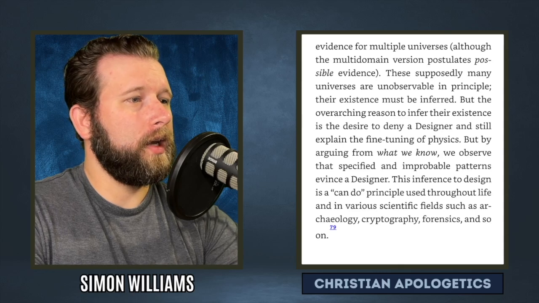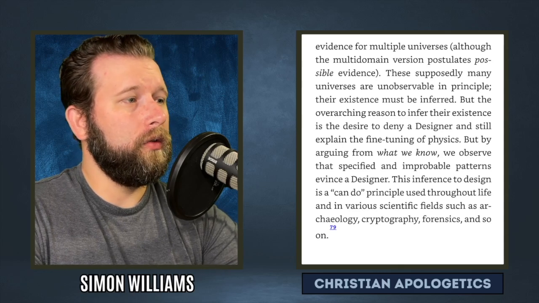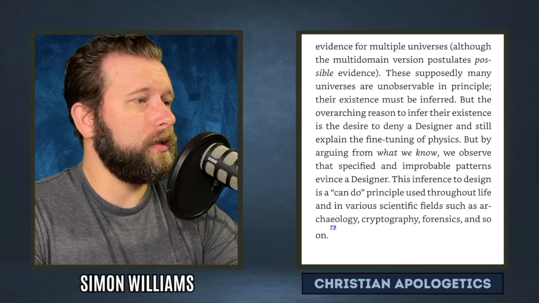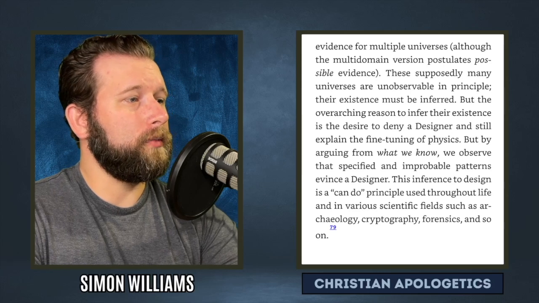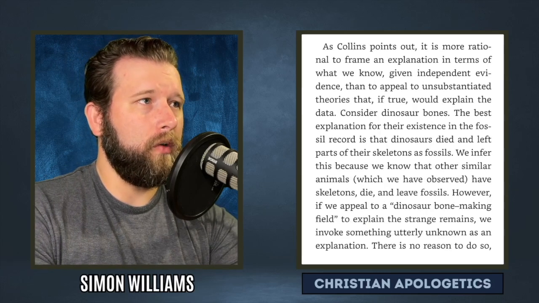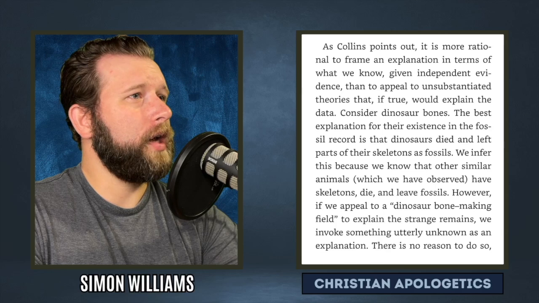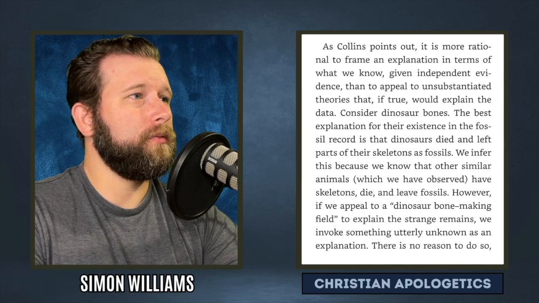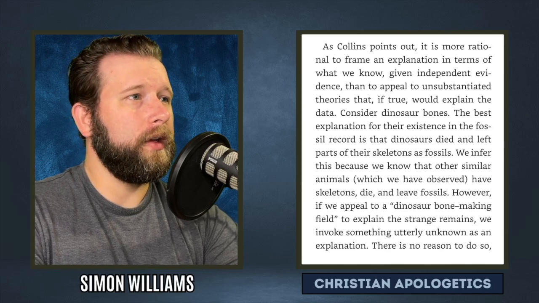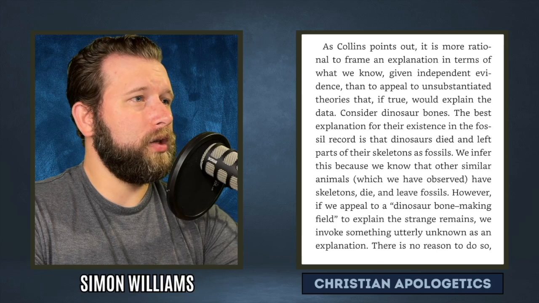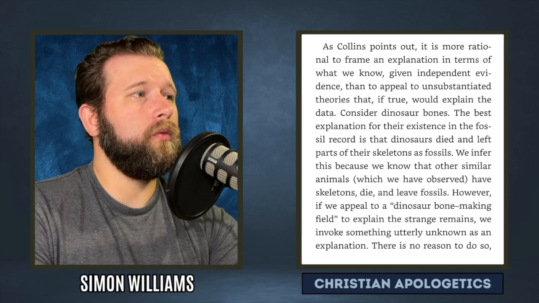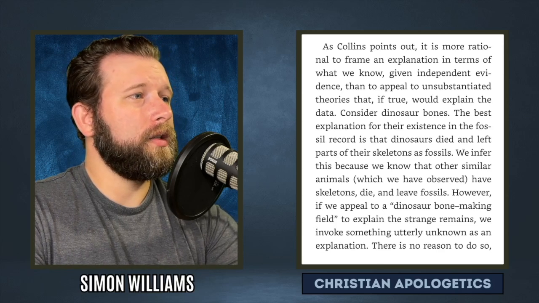This inference to design is a well-used principle throughout life and in various scientific fields such as archaeology, cryptology, forensics, and so on. As Collins points out, it is more rational to frame an explanation in terms of what we know given independent evidence than to appeal to unsubstantiated theories that, if true, would explain the data. Consider dinosaur bones.